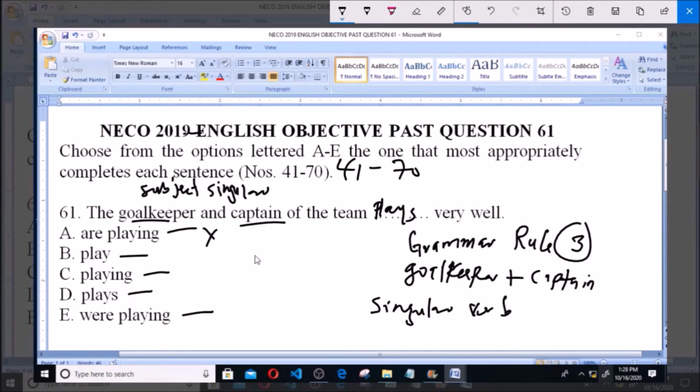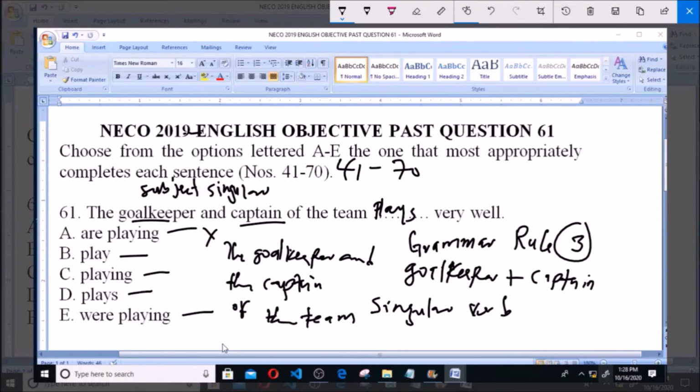Now to clear the doubt, this statement is different from: the goalkeeper and the captain of the team dash very well.